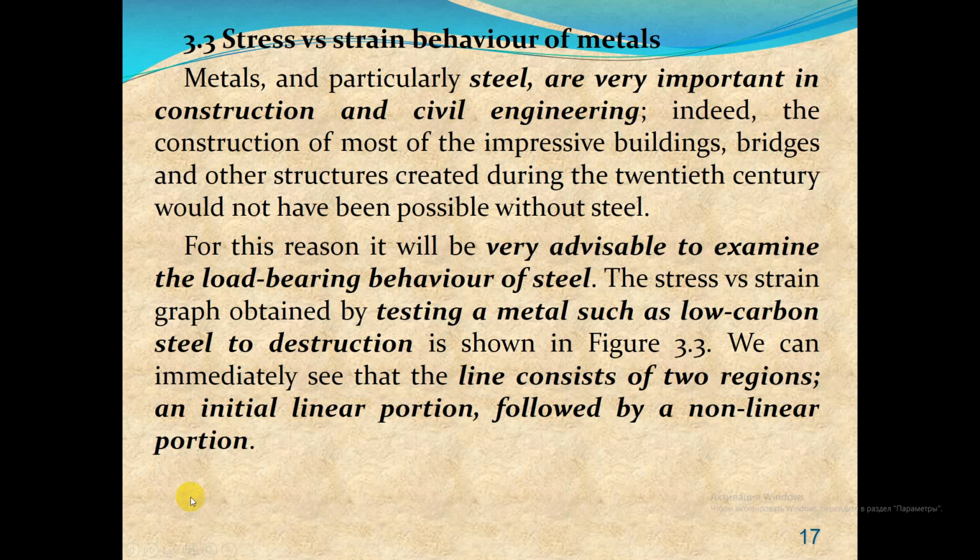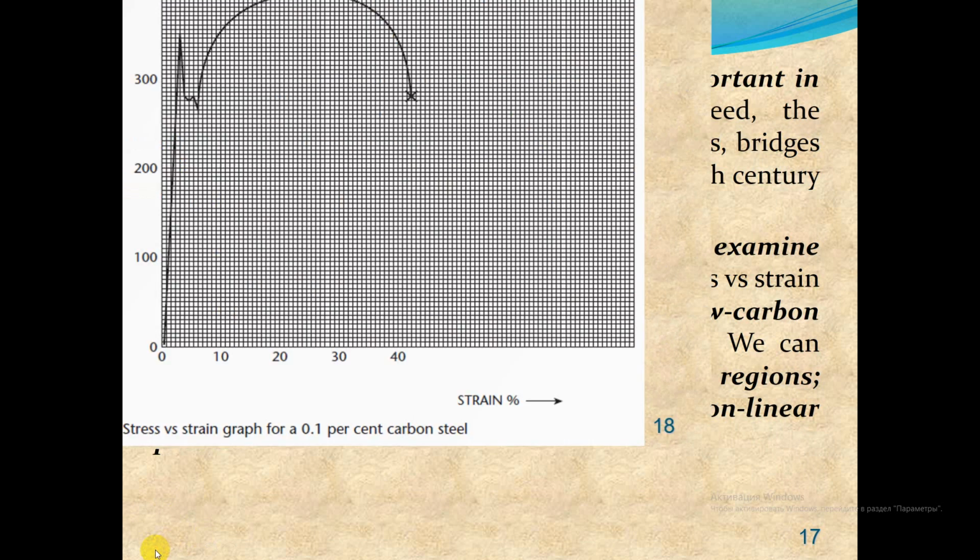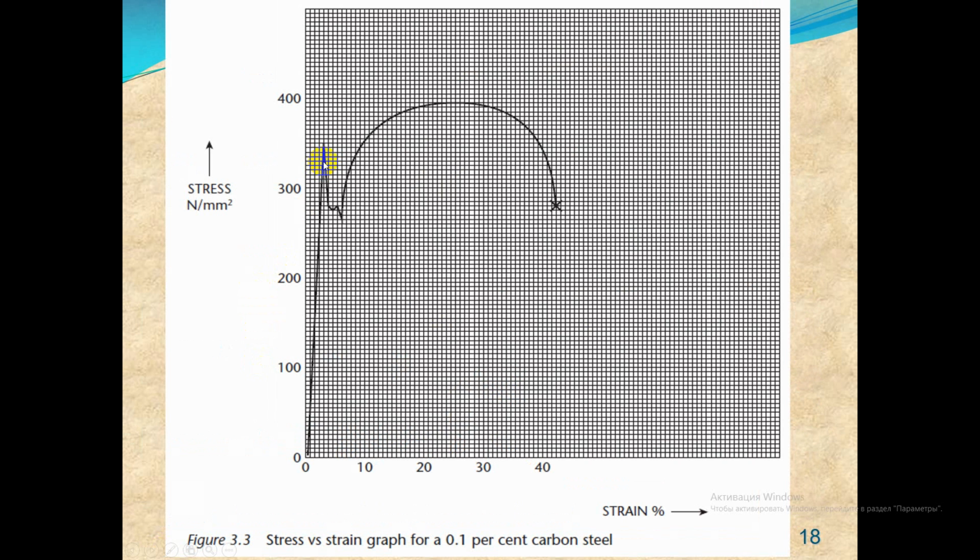We can immediately see that the line consists of two regions: an initial linear portion followed by a non-linear portion. The last point on the curve, marked by a small cross, is the point of fracture.